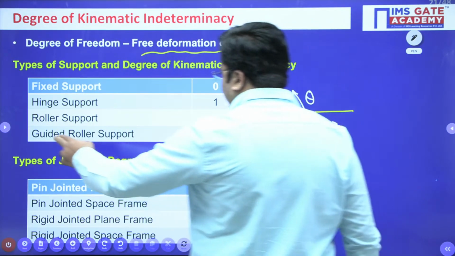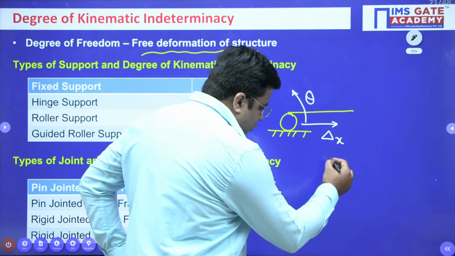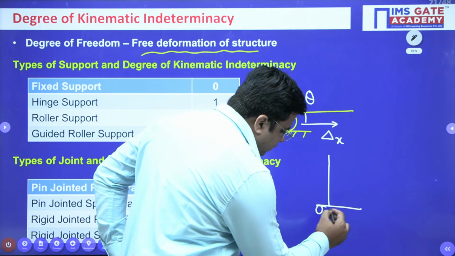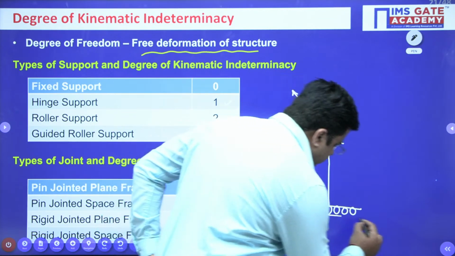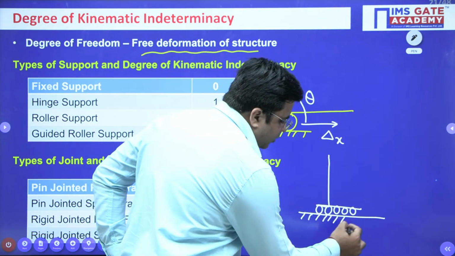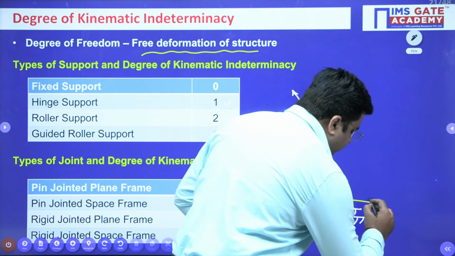When I talk about guided roller support, here is an example of a guided roller support like this. For this guided roller support, there can be movement only along the surface, right?